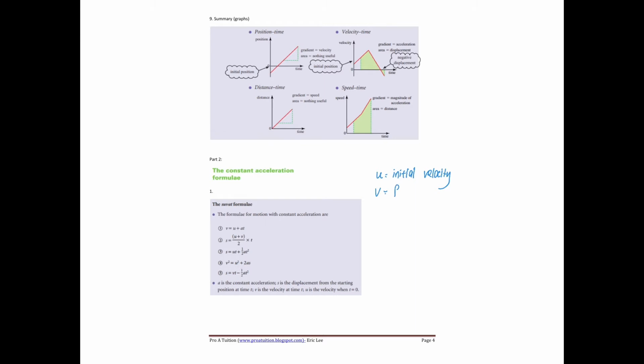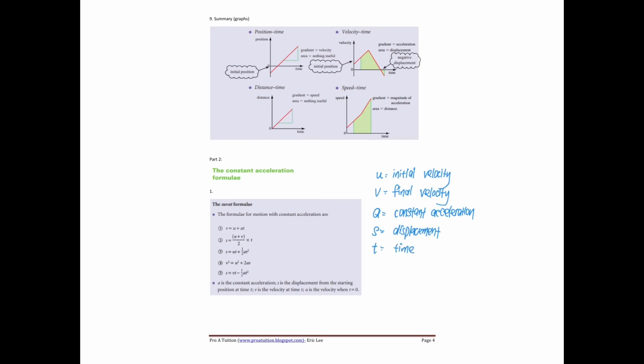V is the final velocity. And a is the constant acceleration. Constant acceleration means the acceleration must be the same throughout the whole journey. s is the displacement. And t is the time in seconds.